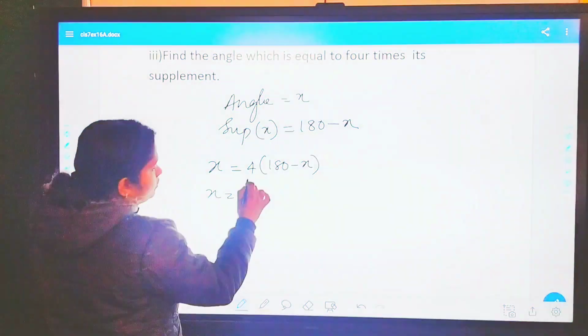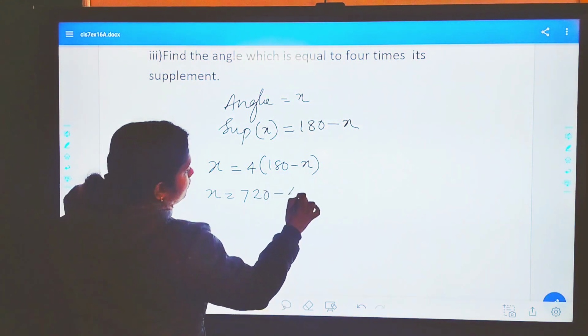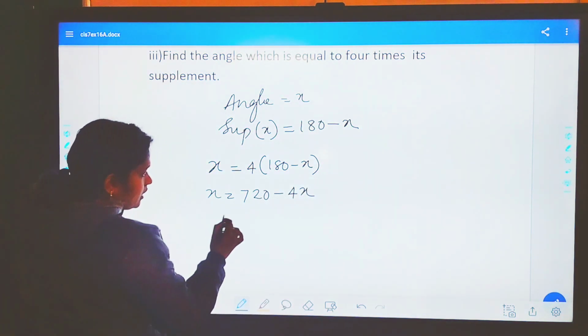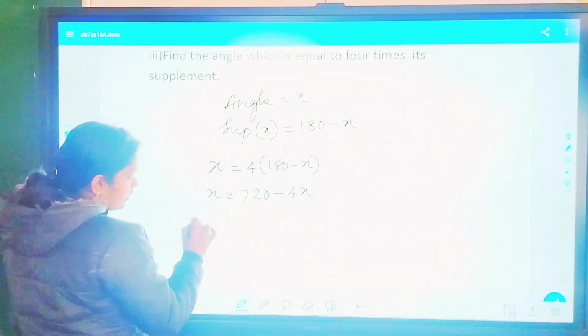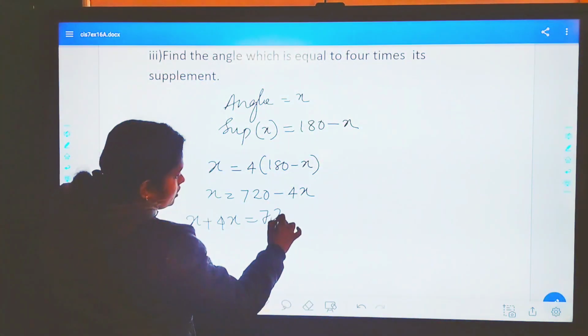Then x is equal to 4 times 180 equal to 720 minus 4x. Take the minus 4x to the other side, x plus 4x, that will be 720.